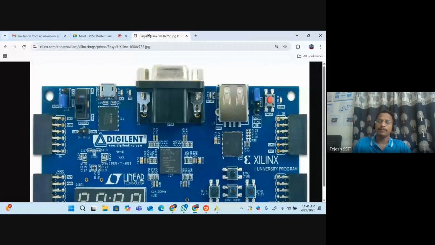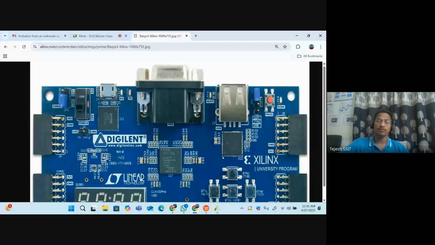And one thing is remaining. This is the VGA. VGA stands for Video Graphics Array. We can represent the output with video through the VGA connection.